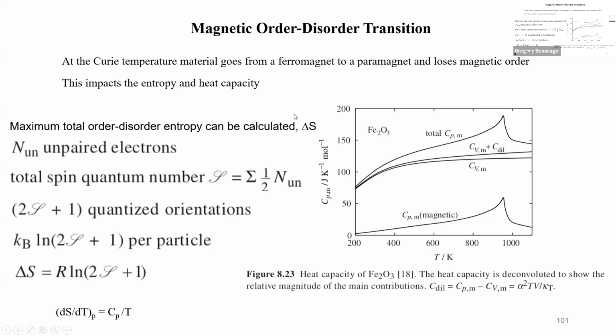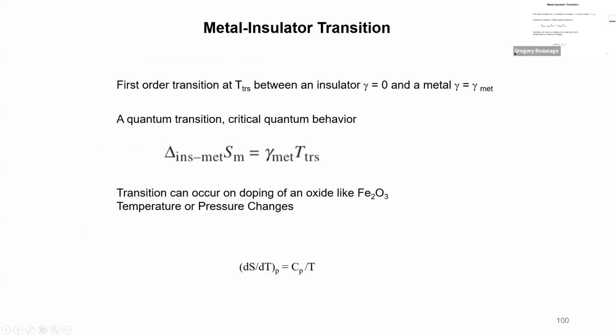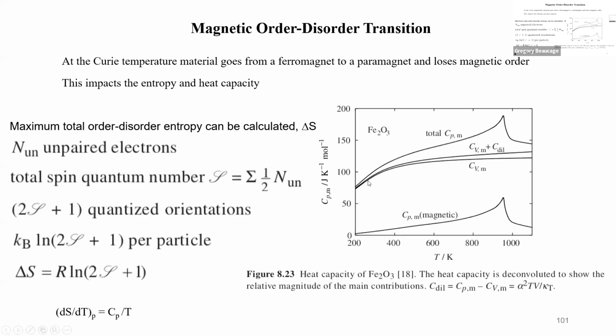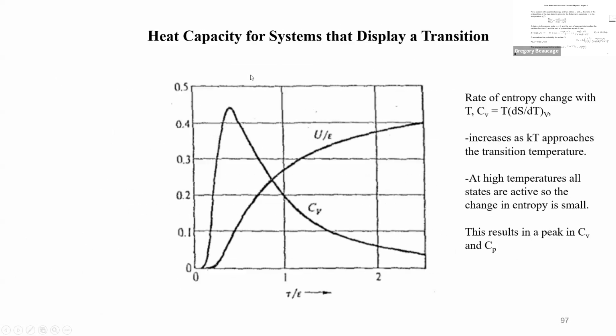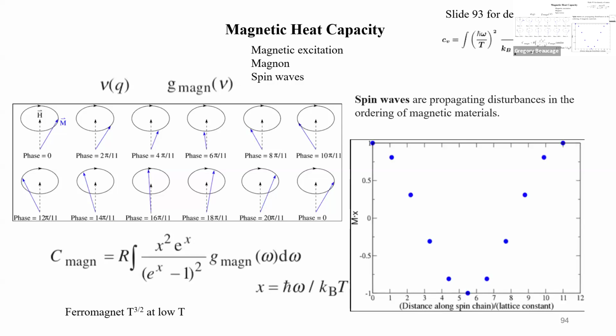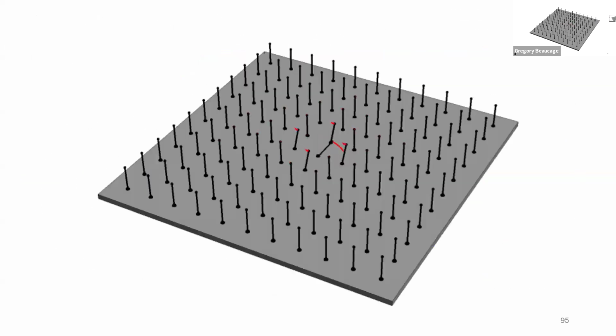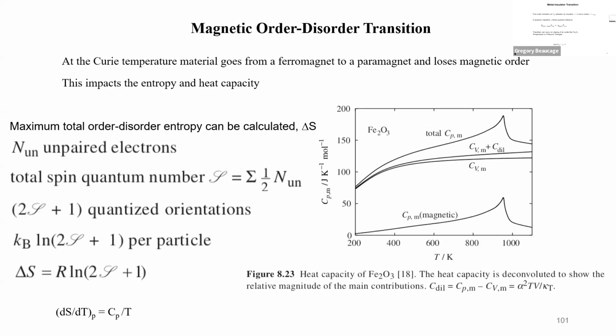Oh no, this is right. Iron oxide goes through that metal to insulator transition at the low temperature down here. Then this also has a magnetic order-disorder transition, which means it's going to lose this magnon heat capacity. So it goes from metal to insulator at really low temperature, and it's got this order to disorder transition, like a paramagnetic transition, at a very high temperature.